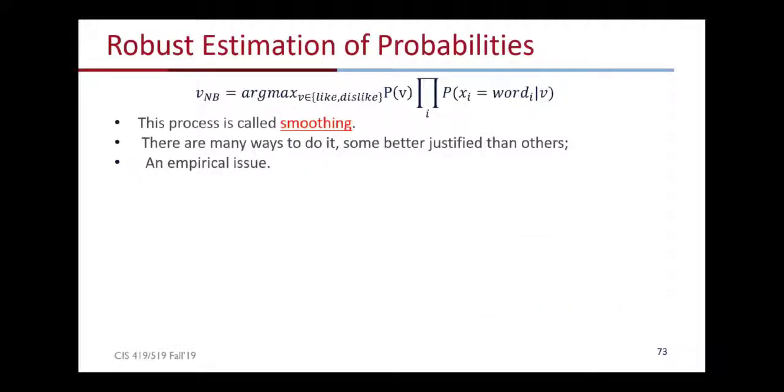And what we're going to do is smoothing, which I mentioned before, and now I'm going to suggest a way to do this in the context of naive Bayes. Now, there are many, many ways to do smoothing. In the context of naive Bayes, it really doesn't matter how you do the smoothing. You have to do it, but the simplest way actually works. In more complex models, it does matter how you do the smoothing. But basically, in the context of naive Bayes, we're going to make sure that we move the probabilities away from 0.